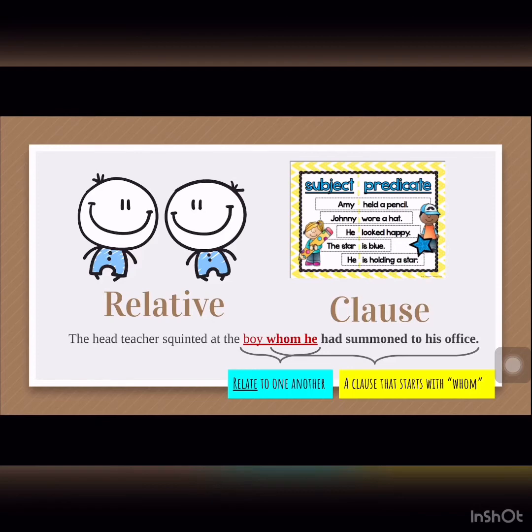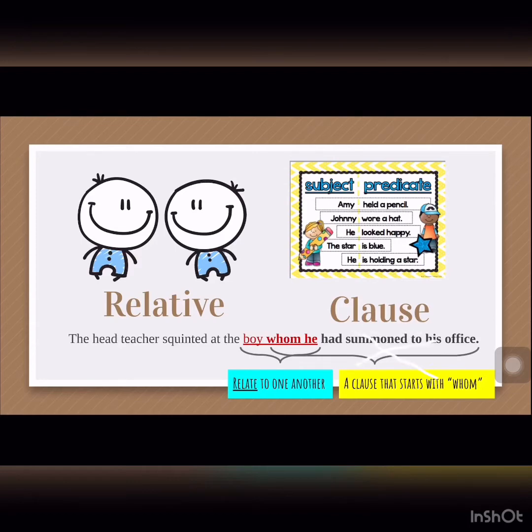That comes to the part of what is a relative clause. It's easier for you to remember: relative. They relate to one another, like you and your relatives. You somehow relate to one another, right? So when I am talking about the noun or the pronoun, for example, the head teacher squinted at the boy. The noun that I'm talking about right now is the boy. Now I want to relate the boy to another part of the sentence.